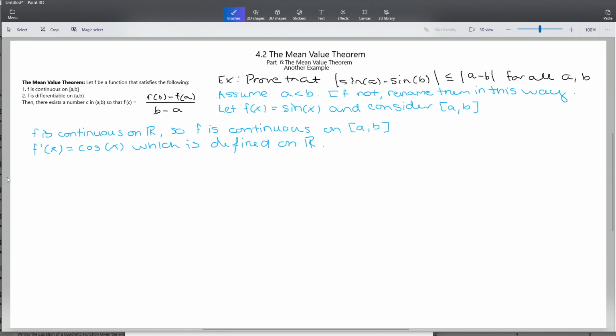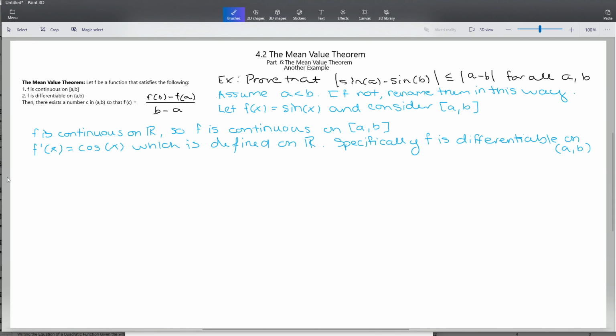We want to say, again, specifically, f is differentiable on the open interval AB.